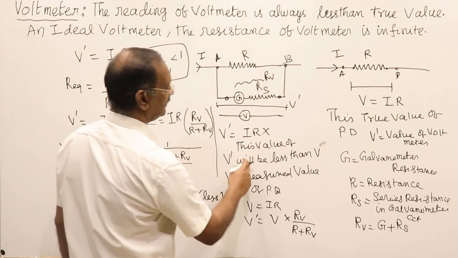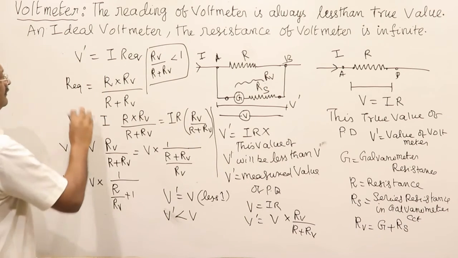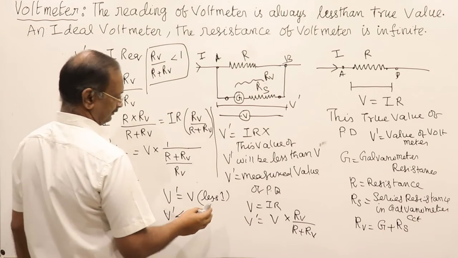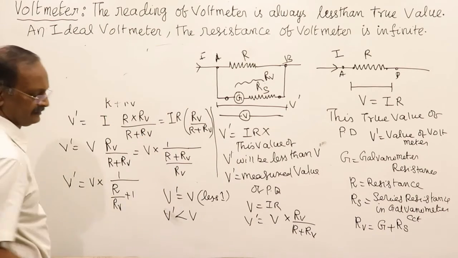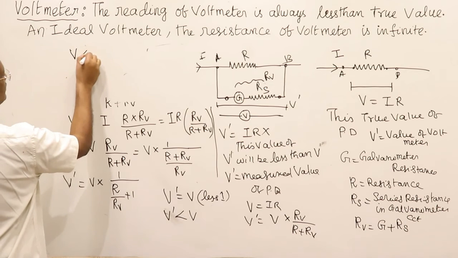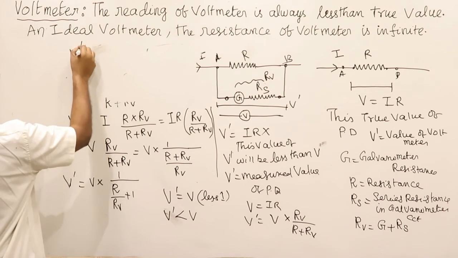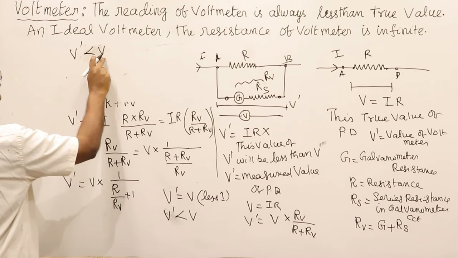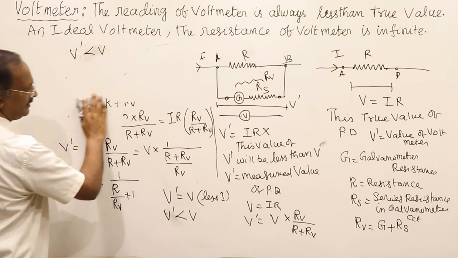This value is less than V. So what we have proved is that V dash is less than V. This is the true value, and this is the value shown by the voltmeter.